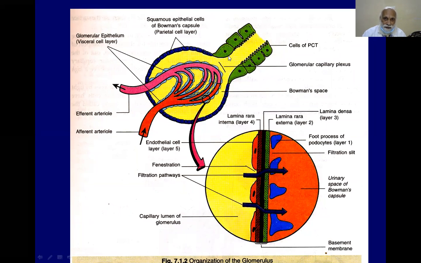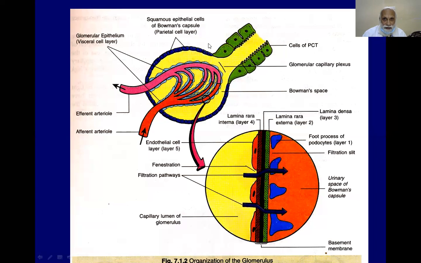A diagrammatic representation of the mass involved: Bowman's capsule, and this is the tubular portion. These are the capillaries, one afferent arteriole and one efferent arteriole. What is coming in is afferent. What is leaving the capsule is efferent. As the capillaries are here, you can see them represented diagrammatically. Around that, the visceral layer is all present around those capillaries.